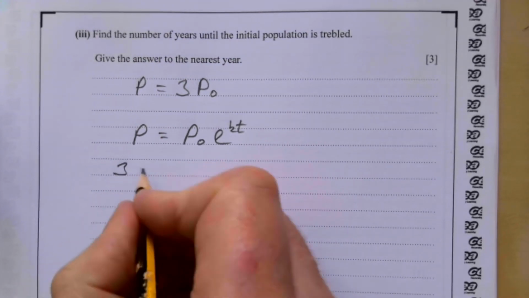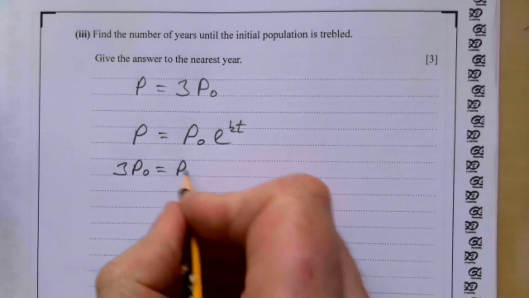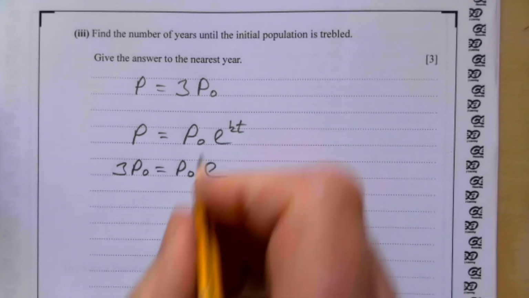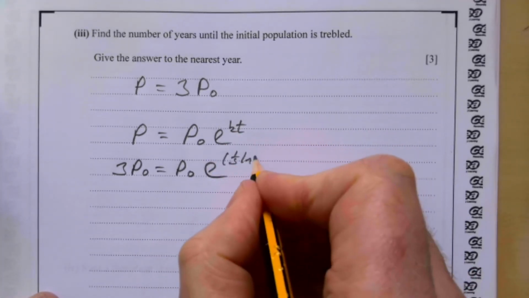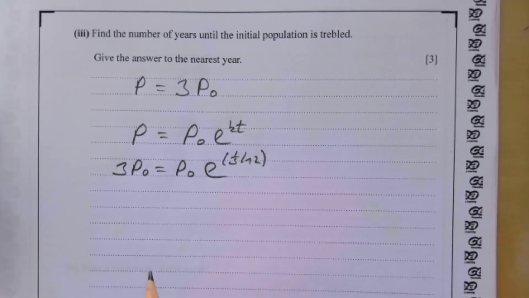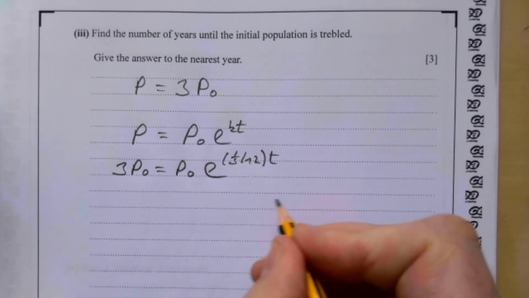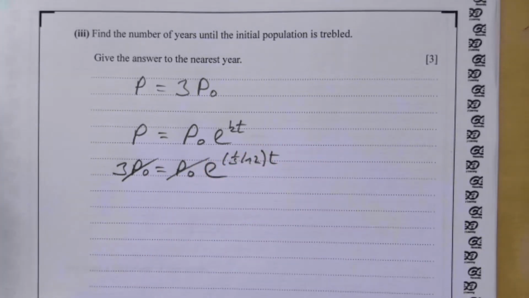Now we can go 3P0 equals P0 e to the, of course we've worked out our k now, a fifth ln 2 t. The P0s are going to cancel.